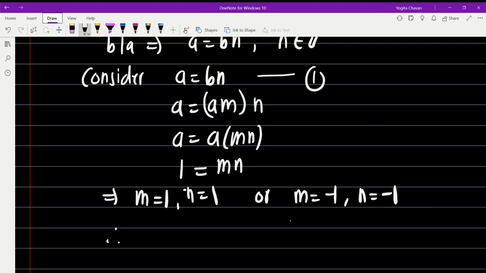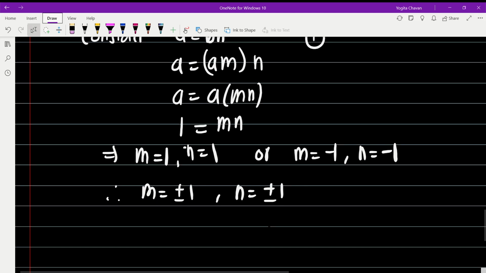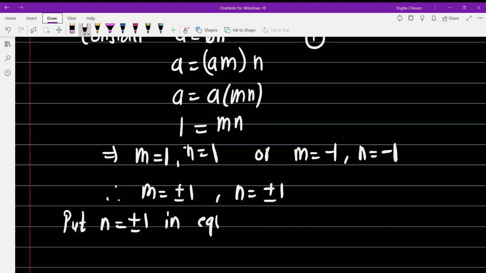Therefore M is equal to plus minus 1 and N is equal to plus minus 1. Now put N is equal to plus minus 1 in equation 1.